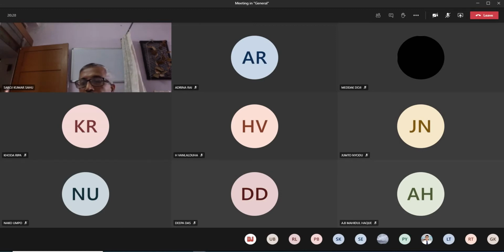Okay, we can just do it like this. We have to estimate the critical slope which will have a normal depth of flow of 2 meter.